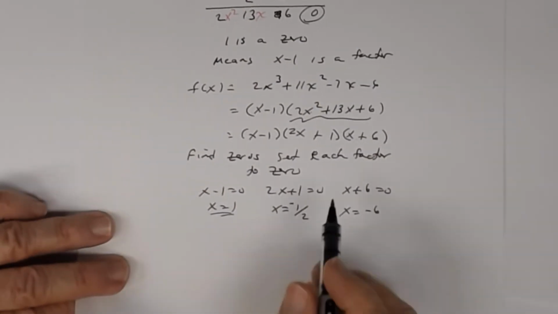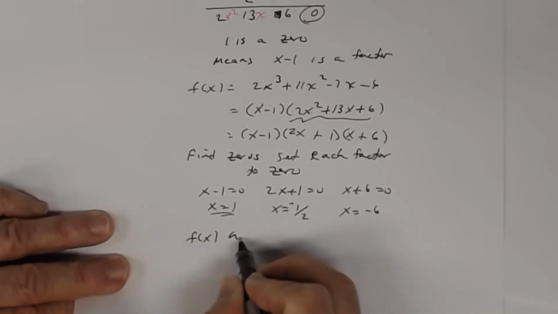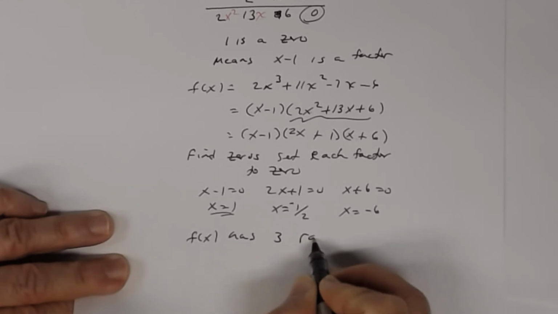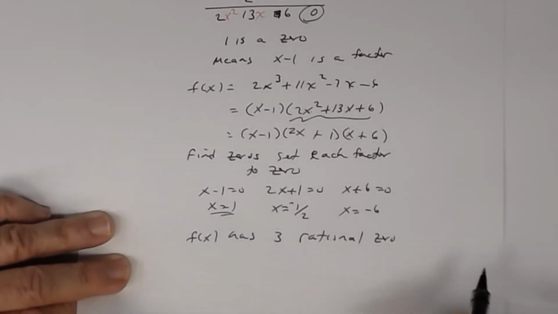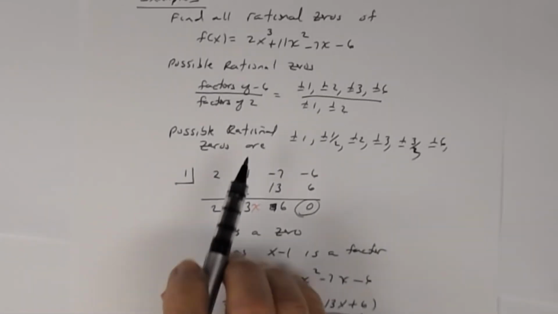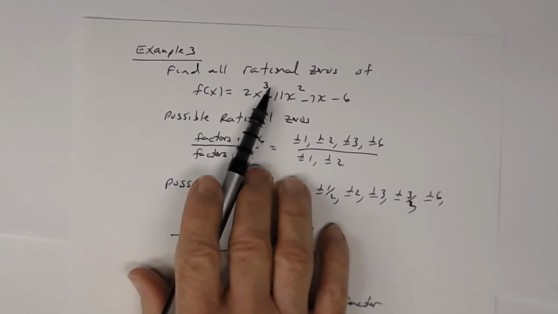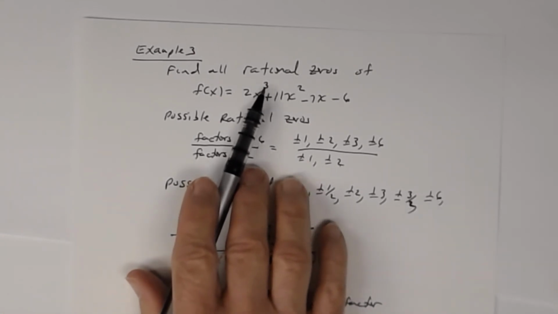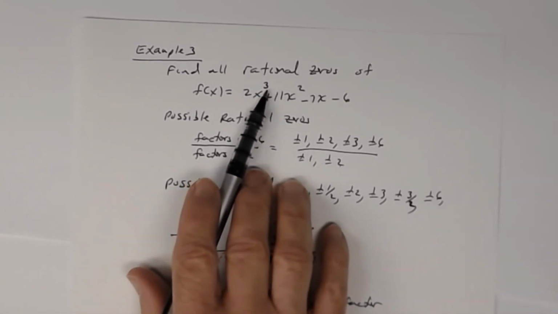So this function had 3 zeros. So f of x has 3 rational zeros. It can't have any more, right? It cannot have any more because the degree is 3. There's a theorem you're going to learn that whatever the degree is, that's the number of zeros you will have.